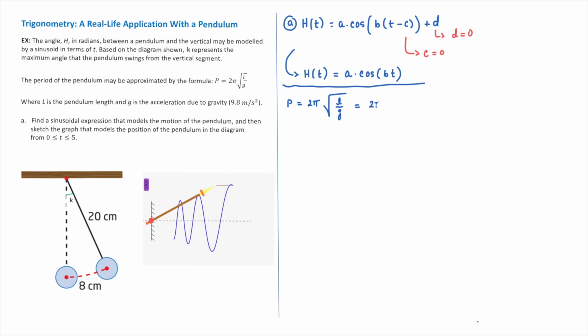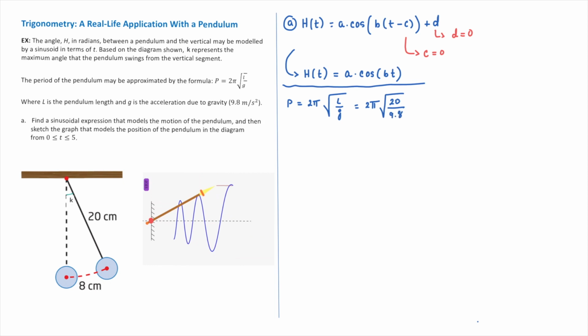I think I used the wrong L. This should be uppercase L. So let me fix that. Okay, so 2 pi square root, and then L here is the length of the pendulum. That means 20, and G is 9.8.